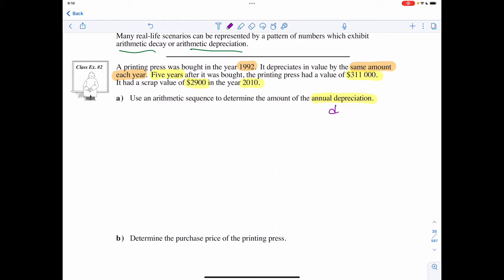So if I say that I'm going to let Tn be the value in years after 1992, then I would say that T5, 5 years after it was purchased, was $311,000.